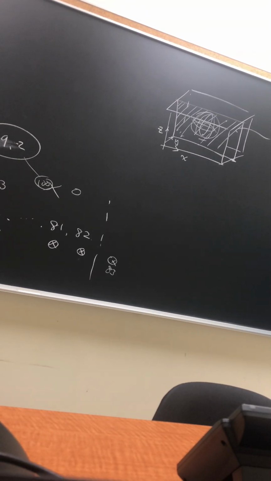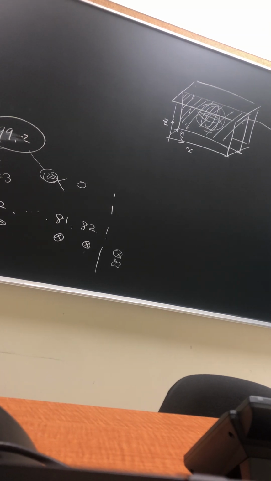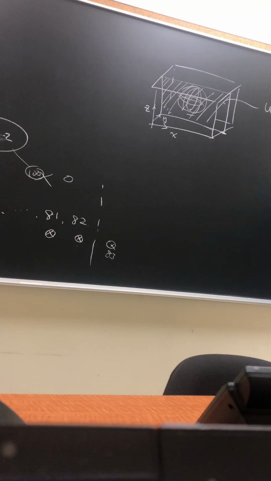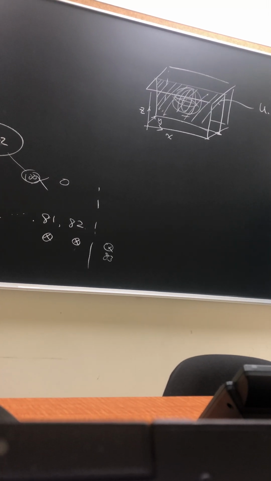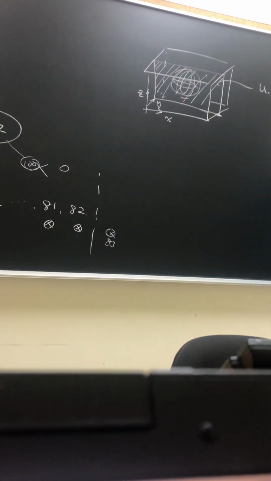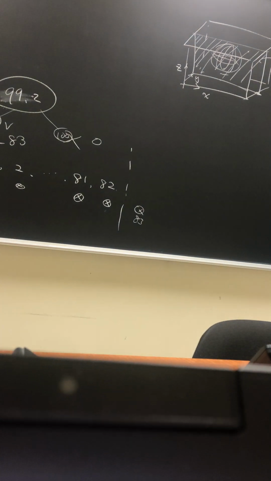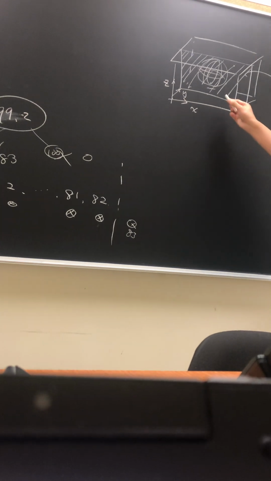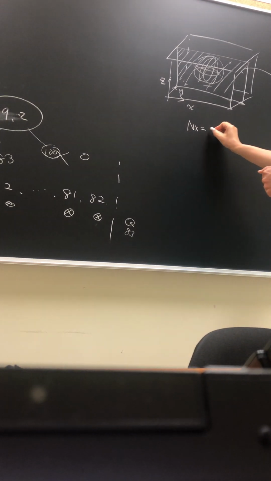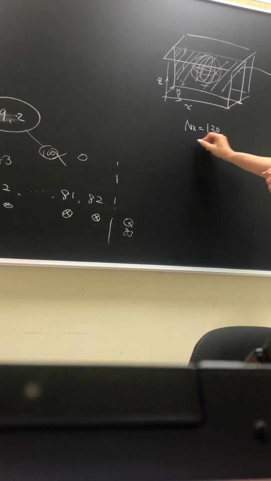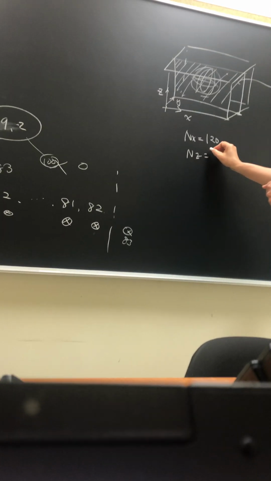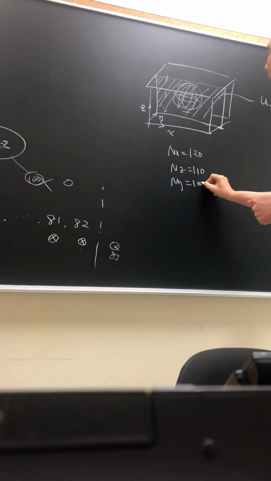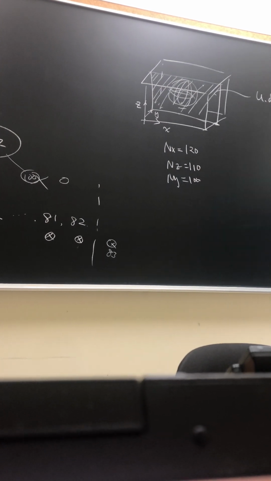In that case, sometimes it is confusing or it needs some time to figure out. Is this x, is this z, or is this z, is this x? If you look at your C program, how the data was saved, definitely you can tell. But if you say I'm going to use nx equal to 120, nz equal to 110, and ny equal to 100, you're not going to be confused.